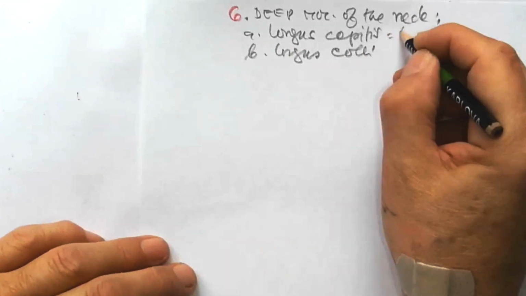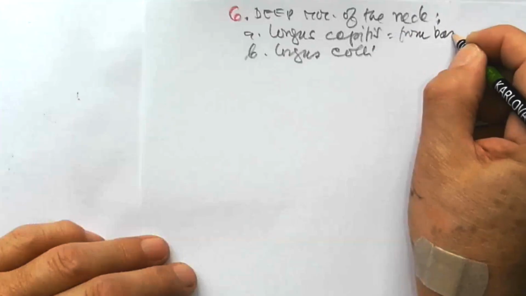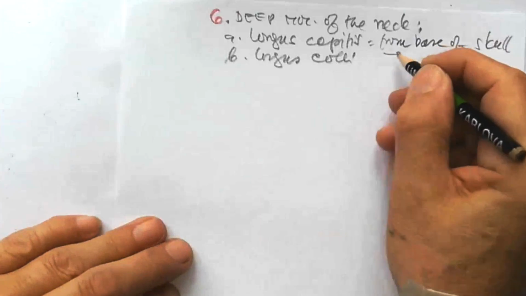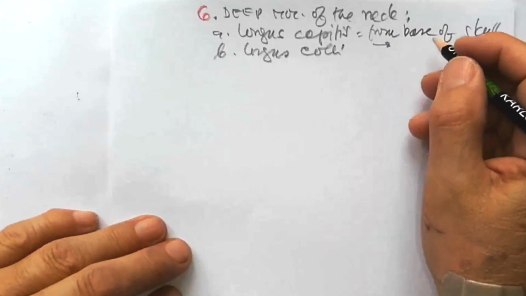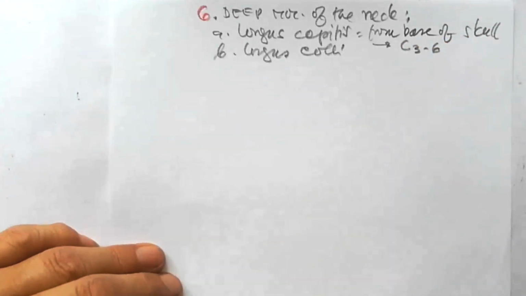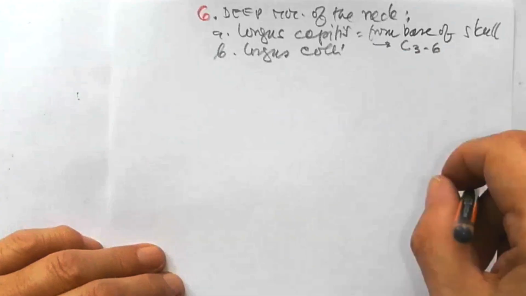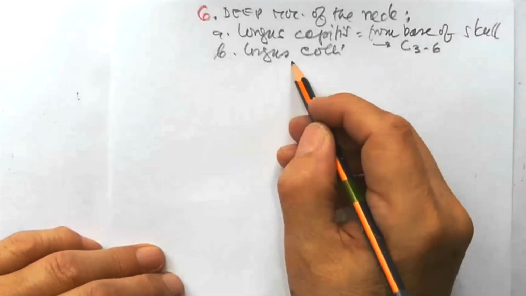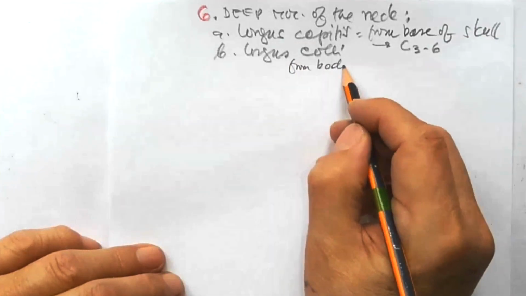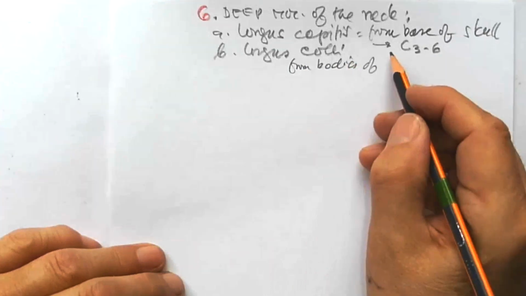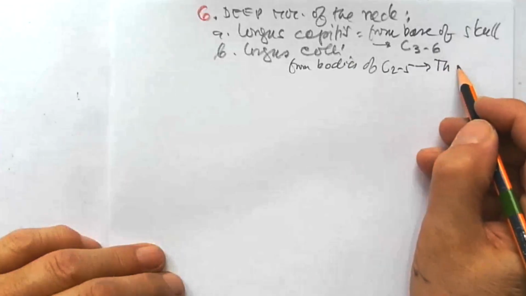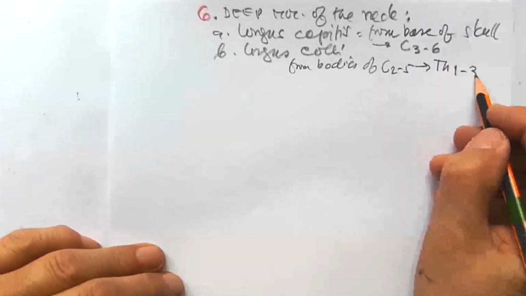Longus capitis descends from the base of skull to vertebrae C3 to C6. It's not necessary to remember all these facts, but just for better orientation. And longus colli descends from bodies of C2, C5 to thoracic vertebrae T1 to T3.